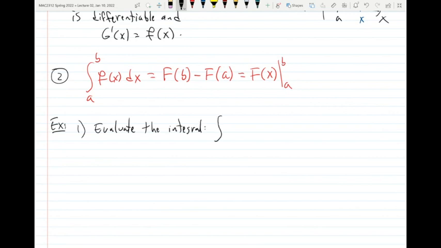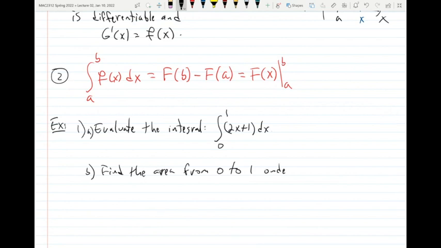Let's do the integral from 0 to 1 of 2x plus 1 dx. So let's evaluate that integral. Let's call that part A, and then part B, find the area from 0 to 1 under the function 2x plus 1 using geometry.